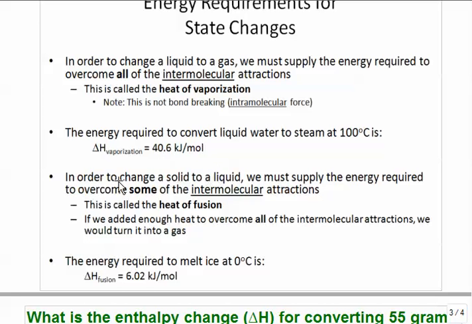Similarly, going from solid ice to liquid water, we have what is called the heat of fusion. We also need to break some of the intermolecular forces holding the molecules of water together as ice to form liquid water, and this only takes 6 kilojoules per mole. But let's focus on the heat of vaporization. It takes 40.6 kilojoules to vaporize 1 mole of water.